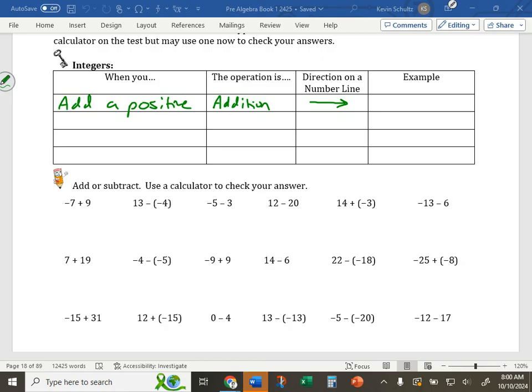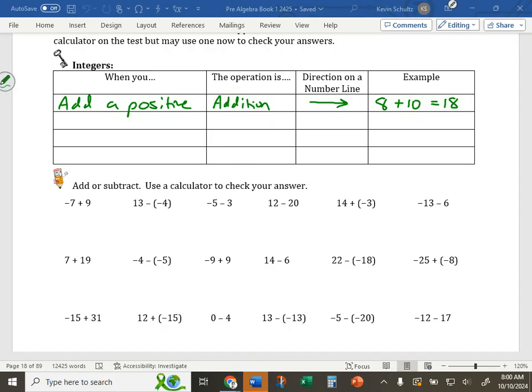An example of this would be something like 8 plus 10 equals 18. The operation is addition, 10 is positive. And 8 plus 10 is 18.